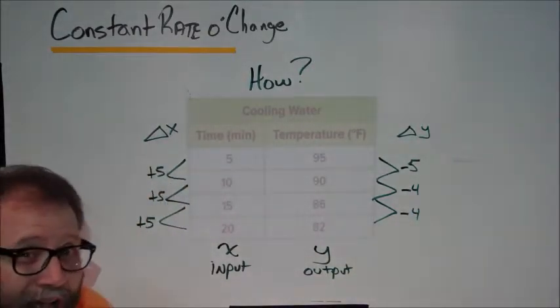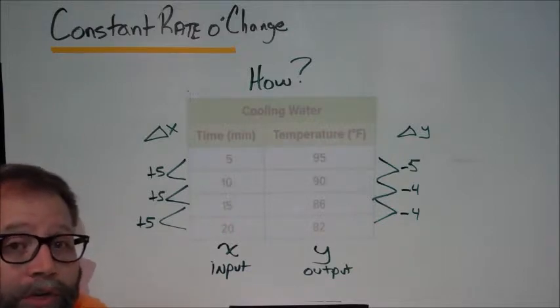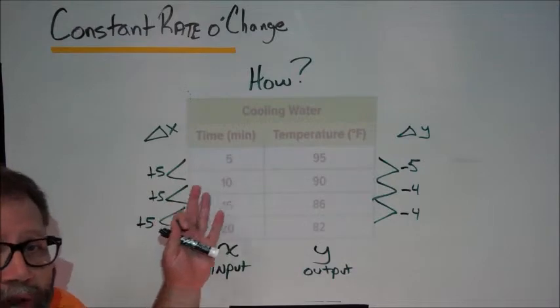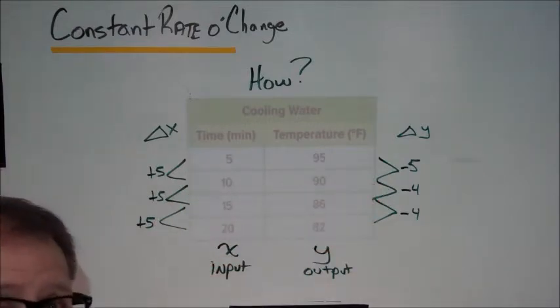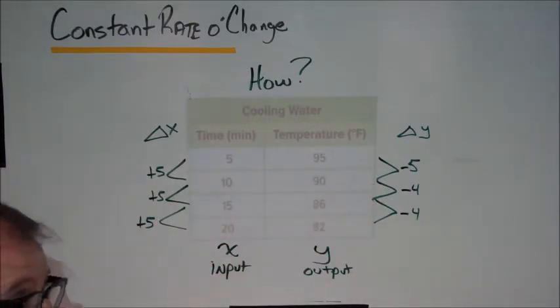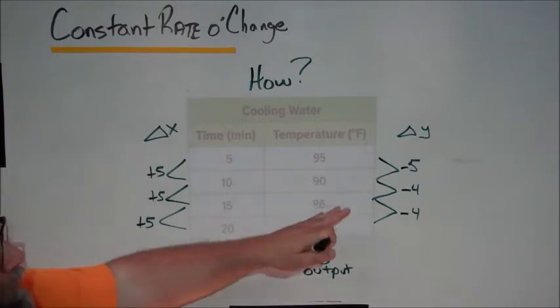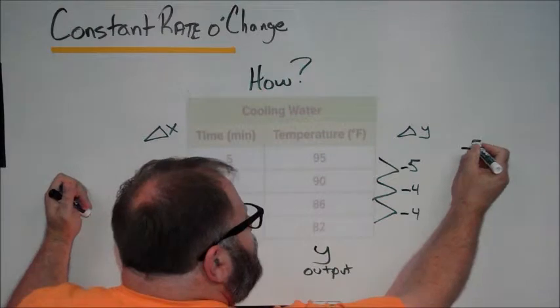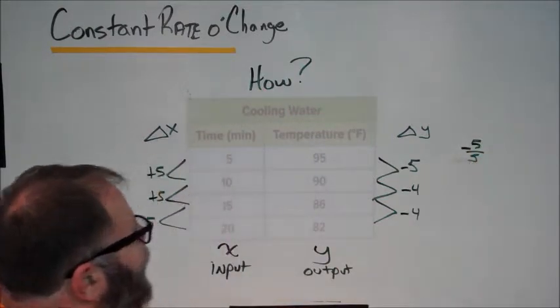Now we're checking for a constant rate of change, so what we're going to do is write ratios for the rates of change. We're always going to write them with x on the denominator, y on the numerator. So I've got negative 5 and positive 5, so my first ratio is negative 5 to positive 5.